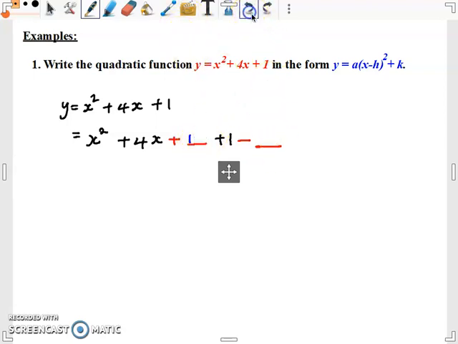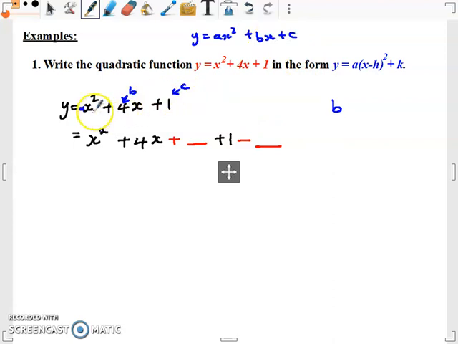But how do we find that mysterious number? I'm going to show you that right now. You find that number by taking b from the function, and remember, a would fall right here, this would be b, and this would be c, in the form y equal ax squared plus bx plus c.